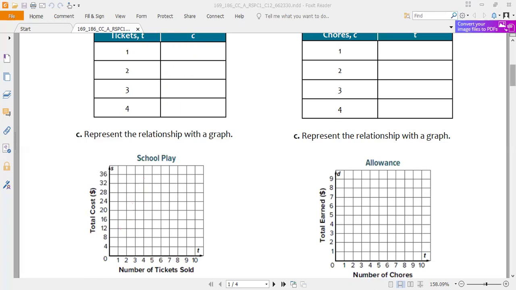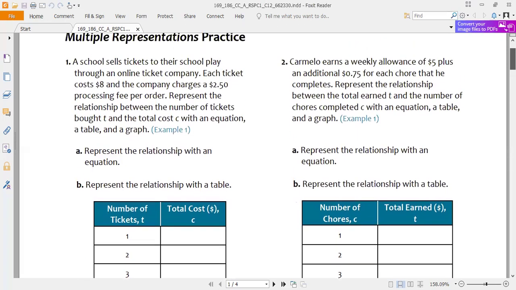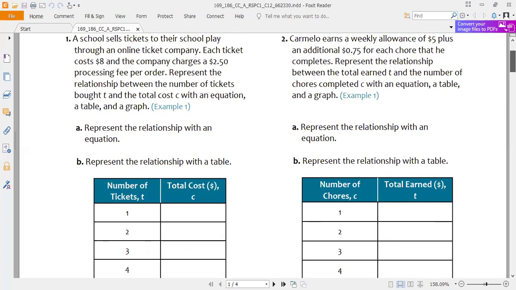We are going to use the same technique. Now, number 1: we are given that Kamleo earns a weekly allowance of $5 plus an additional 0.75 for each chore.